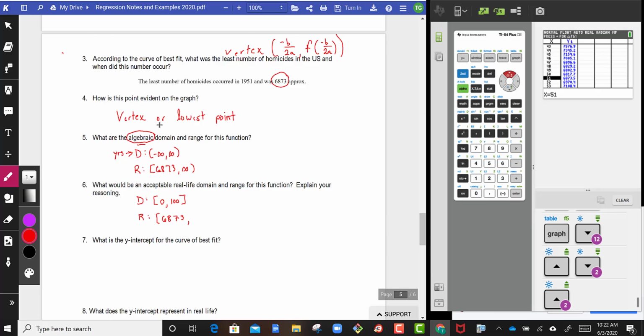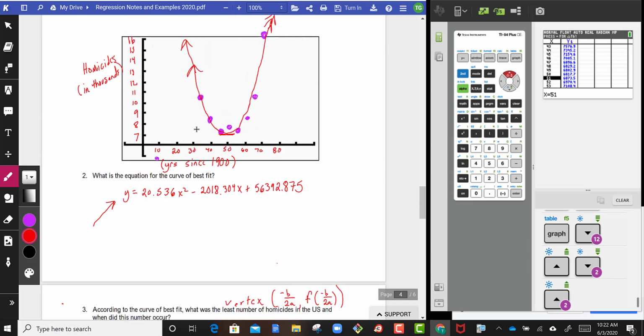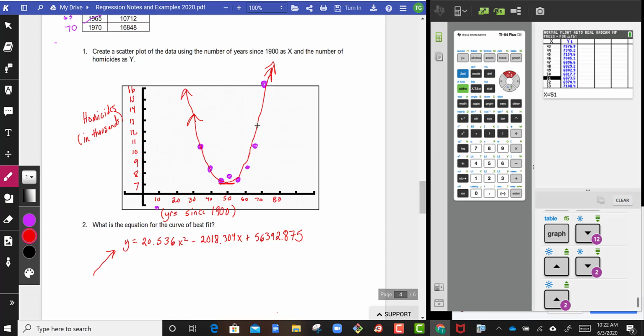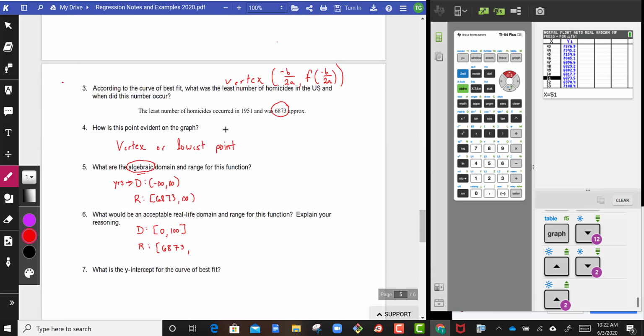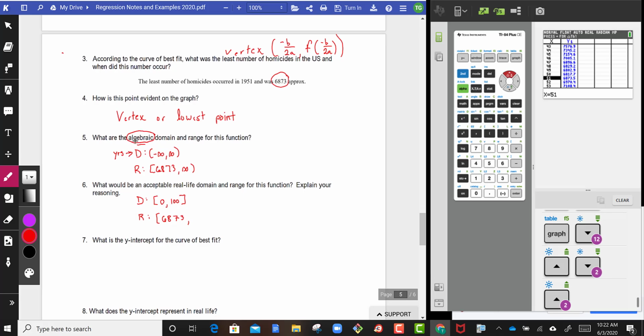But we definitely have a trend from this data that the number of homicides is going to continue to increase. So for the range, I'm going to go with a high number of 50,000. And even though if you go back and look at the table, 50,000 is a lot higher than the all-time number of homicides we've had in a year, that's just to make sure we fit all the data.